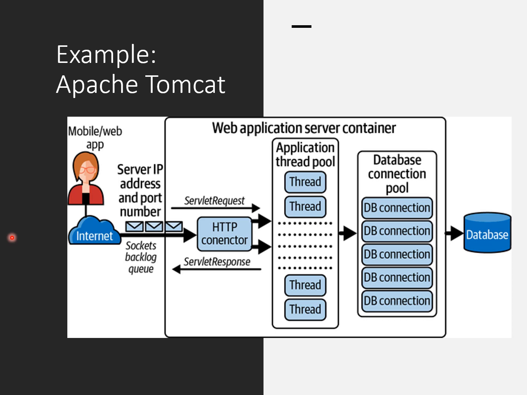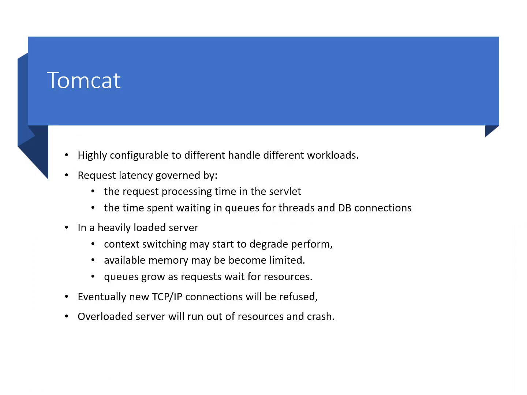In processing the business logic, servlets may need to access an external database. When a servlet thread wishes to submit a query to the database, it requests a connection from a database connection pool which can be supported by Tomcat. If a connection is available, access to the connection is granted to the thread until it indicates it has completed the work. At that stage, the connection is returned to the connection pool and made available for other servlets to utilize. An application server framework such as Tomcat is hence highly configurable for different workloads.